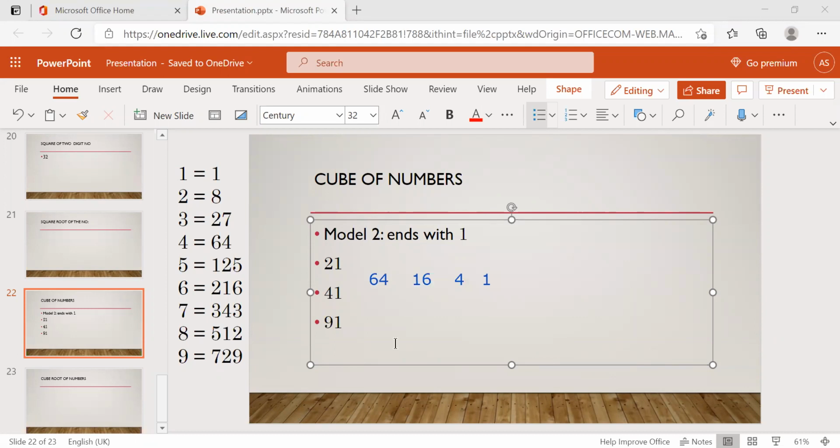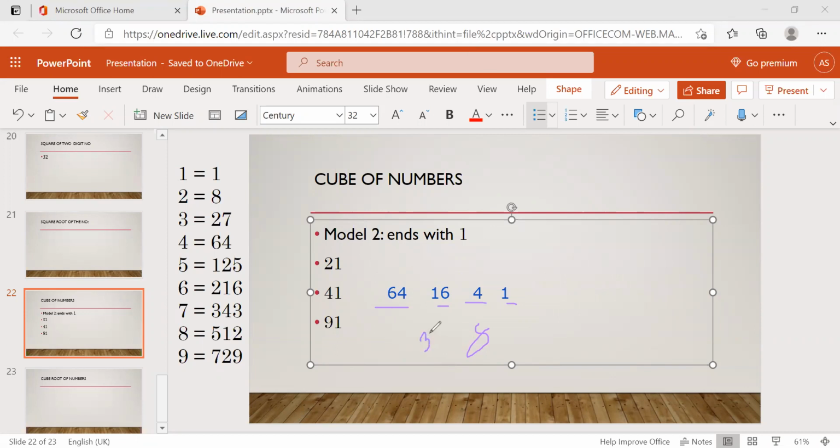See, this is the number for 41. 1 on the right hand side, 4, and then 16. 4 square is 16. 4 cube is 64. Then what I said, just double the middle numbers. 4 is there, then 8, and 16 is there, 32.